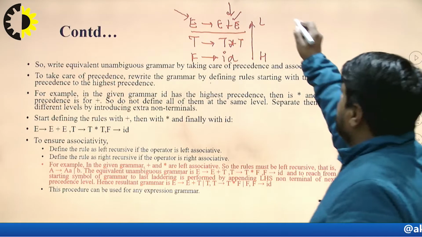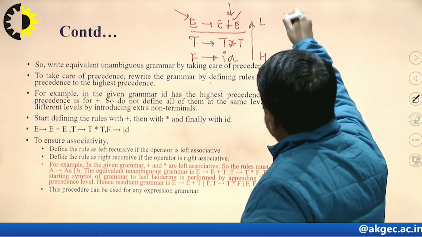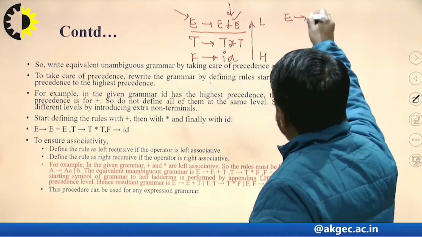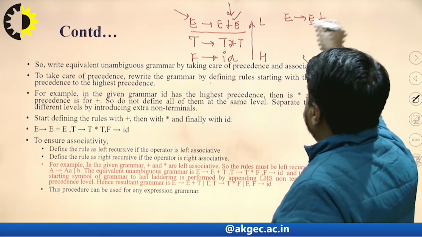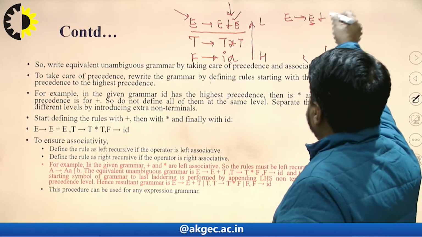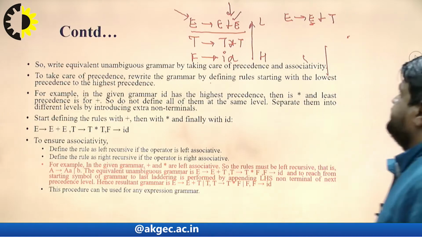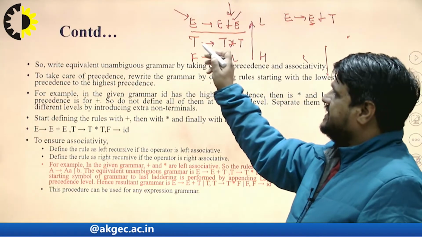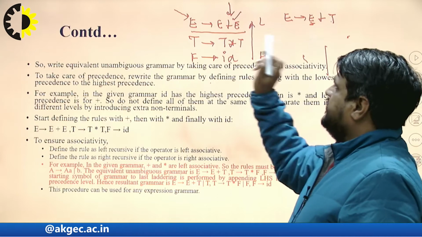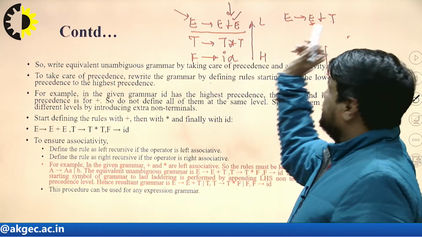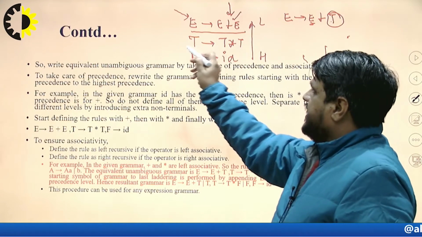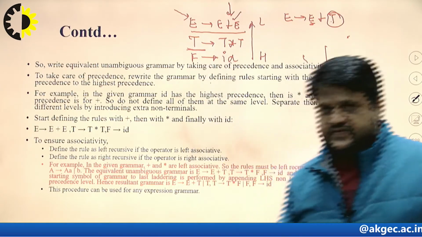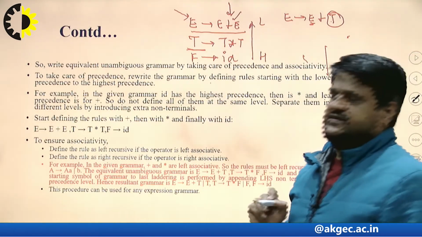How can you convert it into left recursive? You simply write E tends to E plus, because this is left recursive, and change this symbol to T. You will always take the non-terminal here. If you want to make it left recursive, you have to take this non-terminal from the next higher level of precedence.